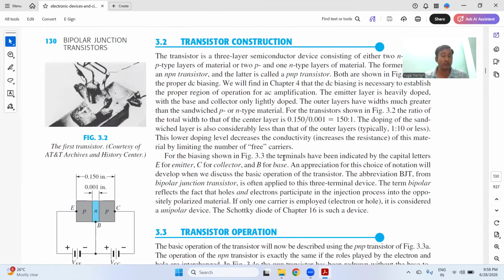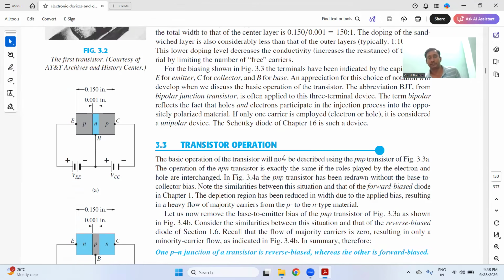So the doping is different, and the area of the three regions, emitter, base, and collector, is also different. These two points are to be noted.